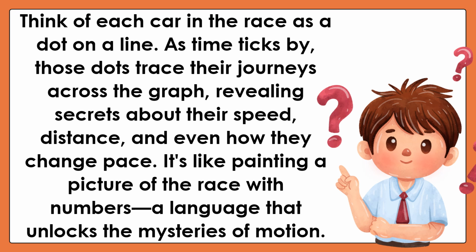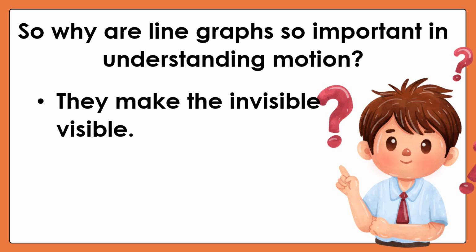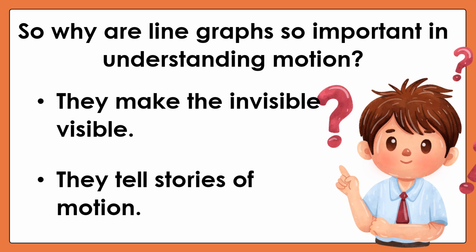It's like painting a picture of the race with numbers, a language that unlocks the mysteries of motion. So, why are line graphs so important in understanding motion? They make invisible visible, and they tell stories of motion.